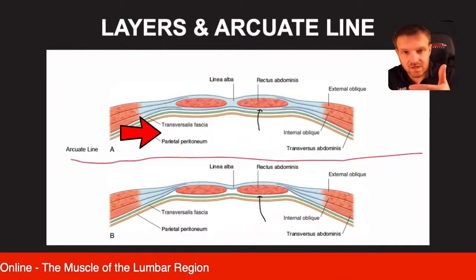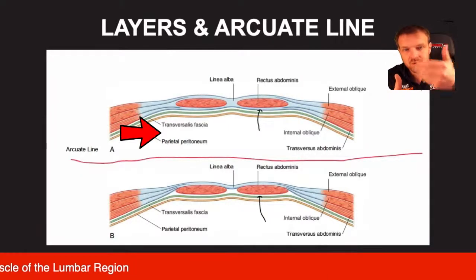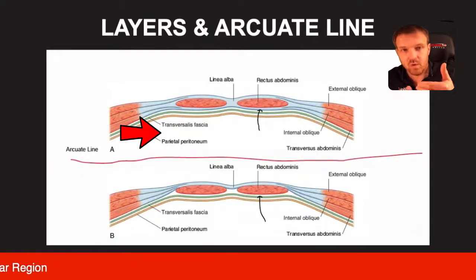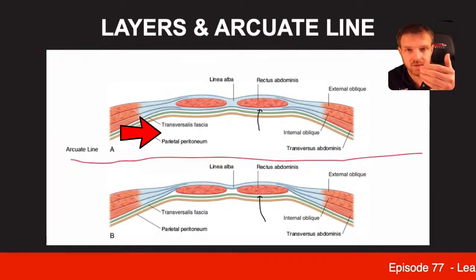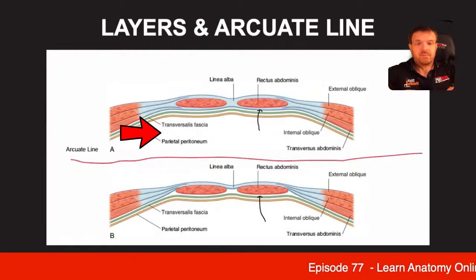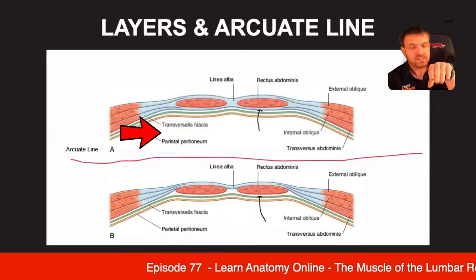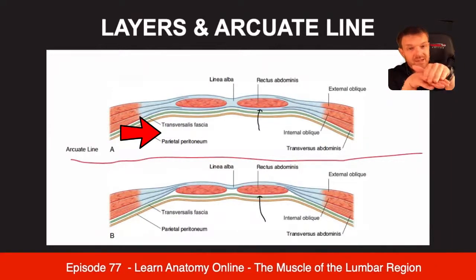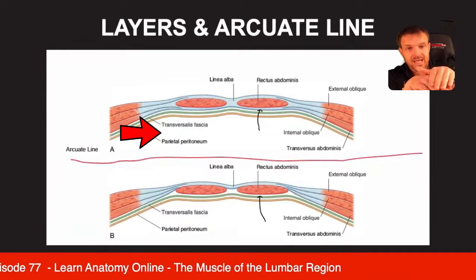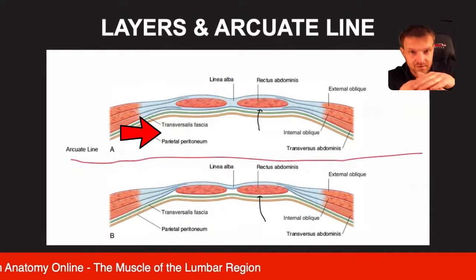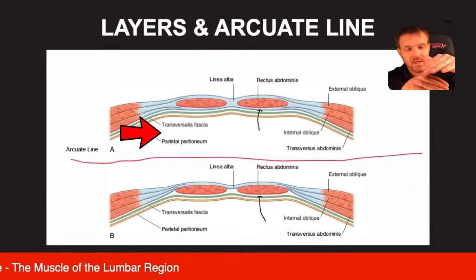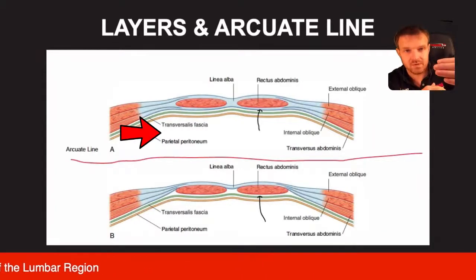The transversalis fascia forms the back wall of your inguinal canal. So imagine looking down your body. The deepest layer, with your guts underneath, would be the peritoneum, and then just on top of that you'd have this layer of fascia, another layer of connective tissue, just before you get to the muscles.